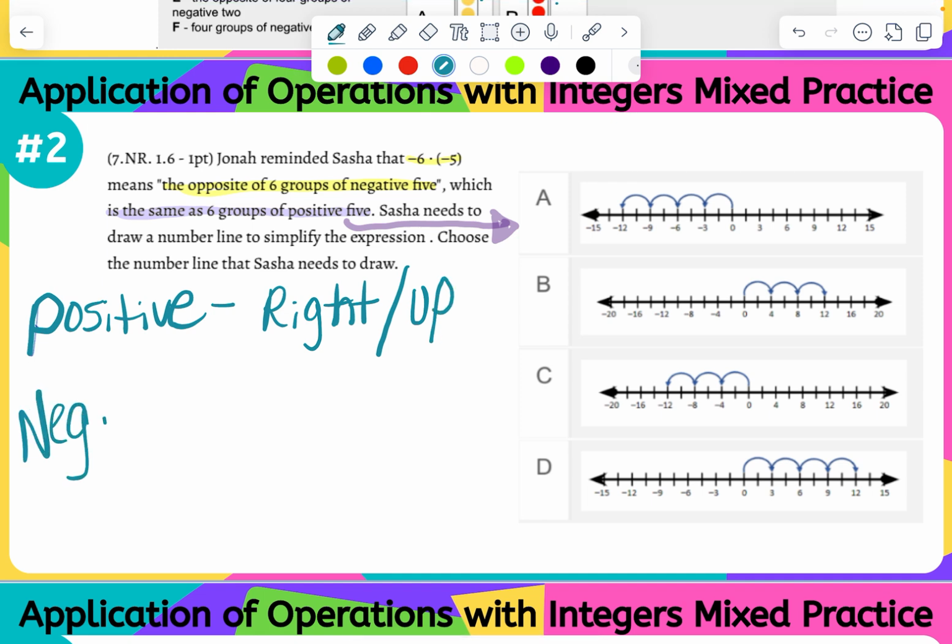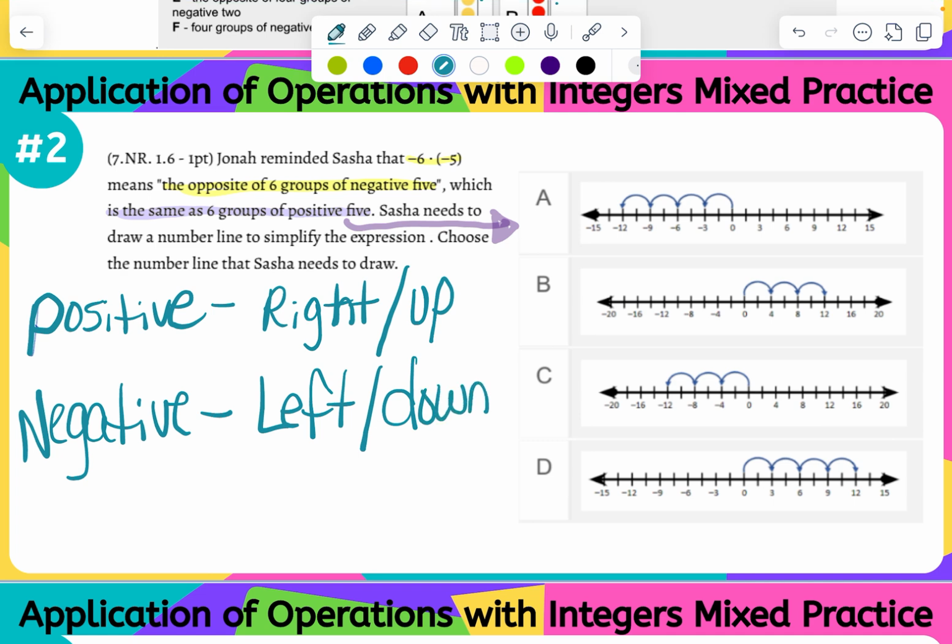Negative is going to go left or down on a number line, okay? So we're looking for, and because these number lines right here are horizontal number lines, we're looking for the number line that goes to the right, 6 groups of positive 5.